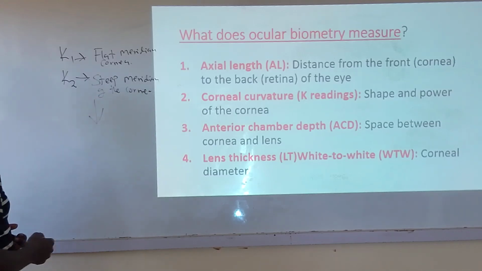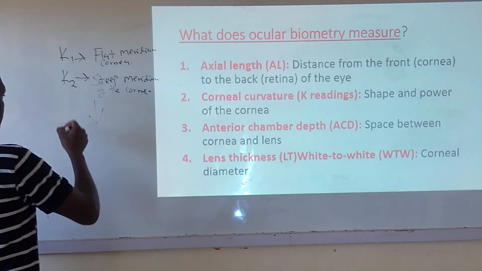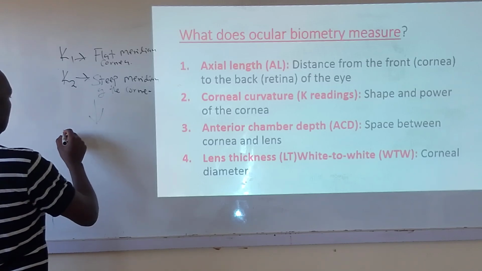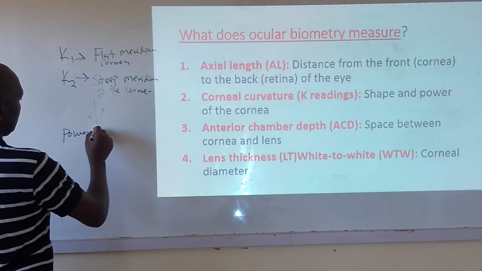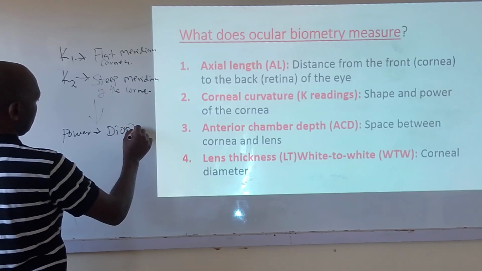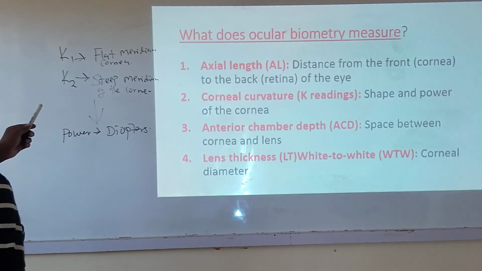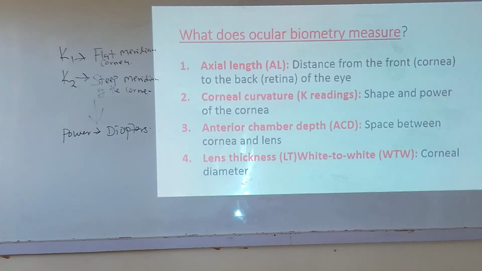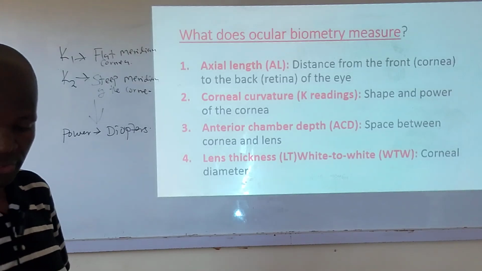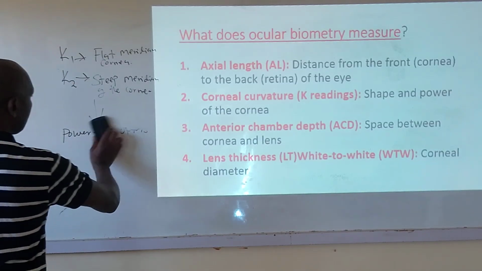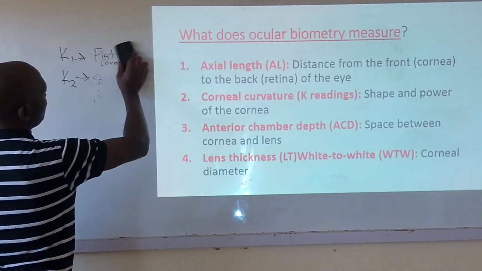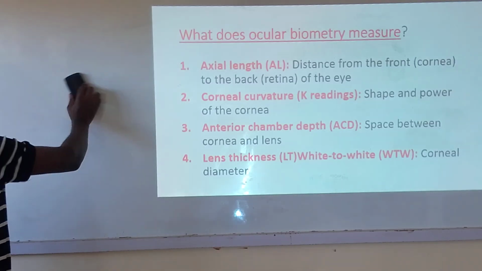So this is what will determine the power of the cornea, the power in diopters. These are some of the measurements that are done to evaluate the power. When we talk of the power of an optical system, we simply refer to how much this media can bend the light.